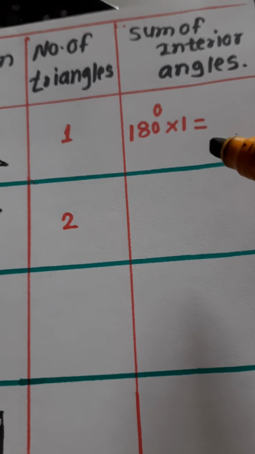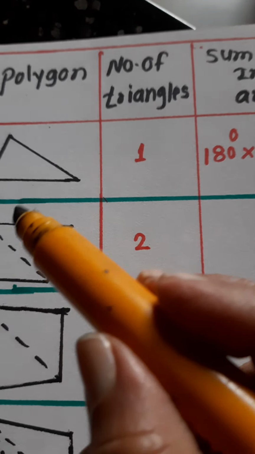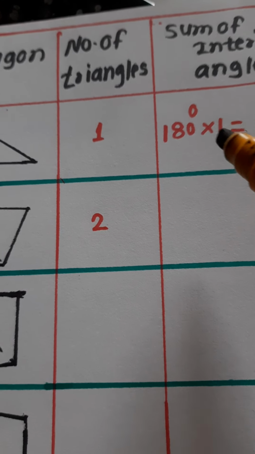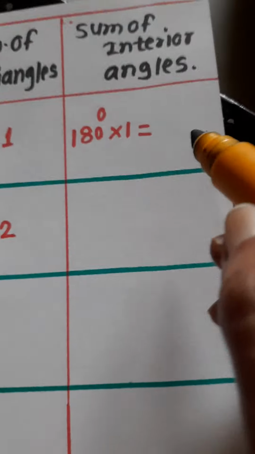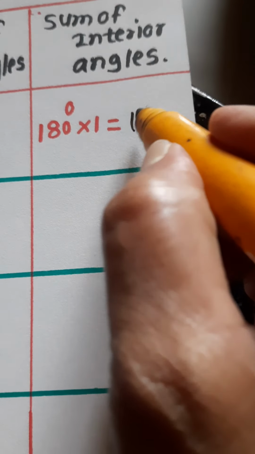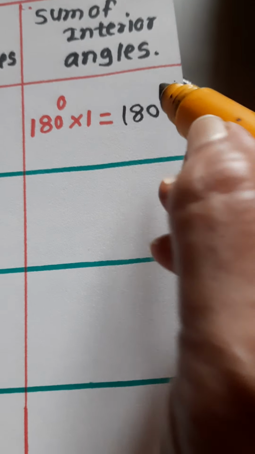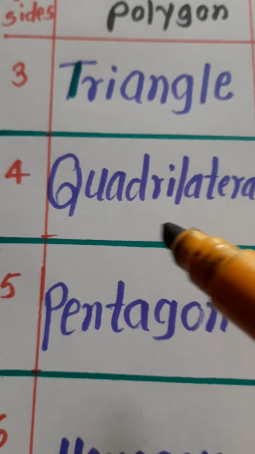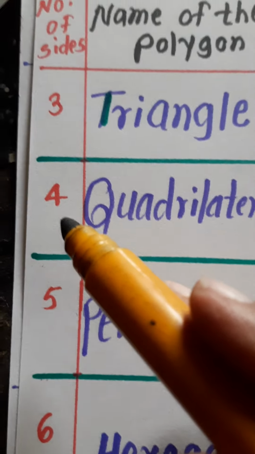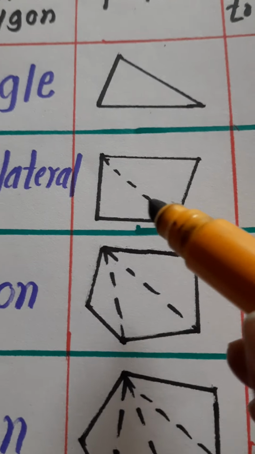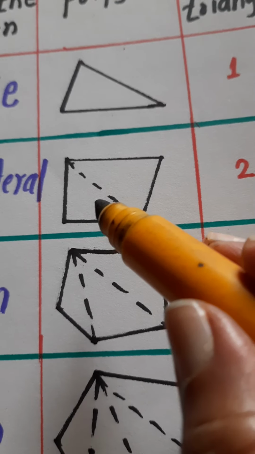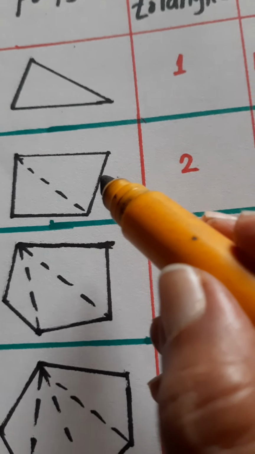Sum of interior angles, we know the sum of 3 angles is 180 degree. That is 180 degree into 1. I will write here 180 degree into 1, that is 180. The next one, quadrilateral, that has 4 sides. And if you draw here a midline, then they make 2 triangles.